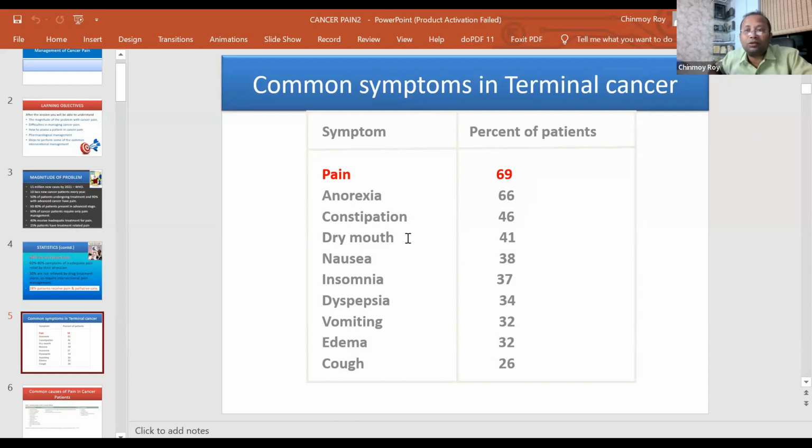Dry mouth has multiple causes. The patient is anxious, that is also a cause, or tricyclic antidepressants are going on, so that is also a cause. Nausea, vomiting, of course, you will get in a lot of patients. Insomnia, dyspepsia, vomiting, edema, cough. These are also there, but pain is the main symptom. Remember.